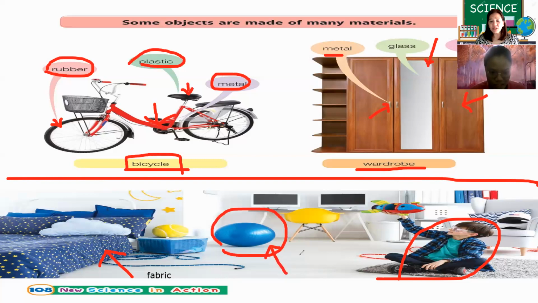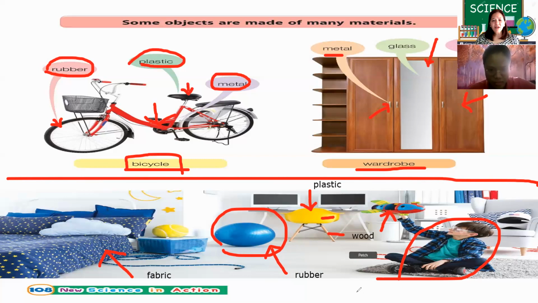Teacher, I can also see this chair. It is made of plastic and wood. And the toy is made of plastic as well.